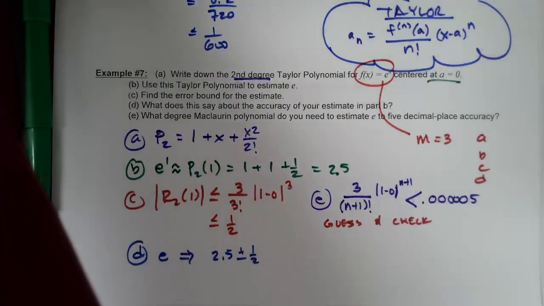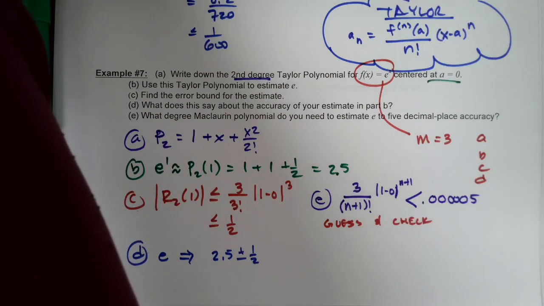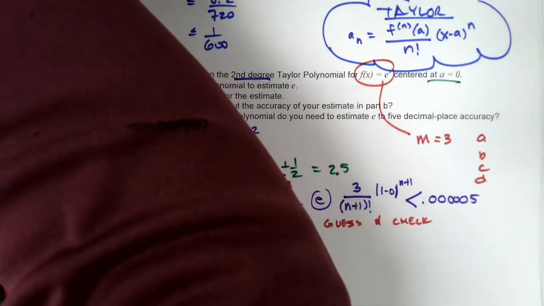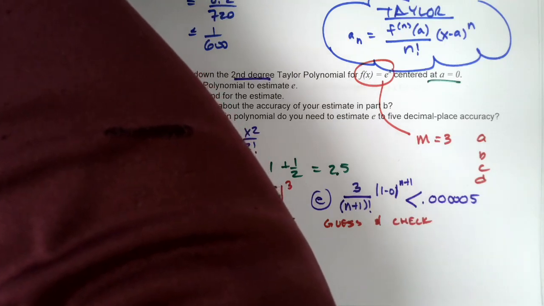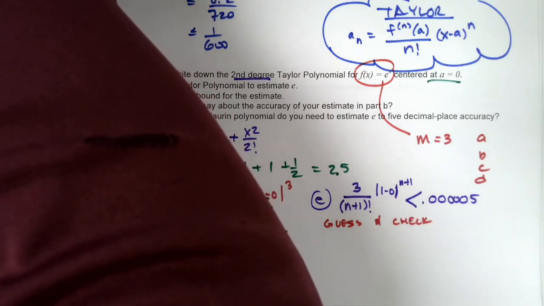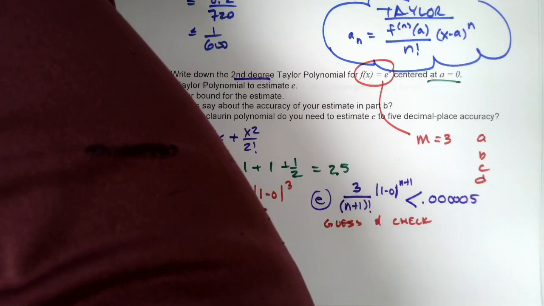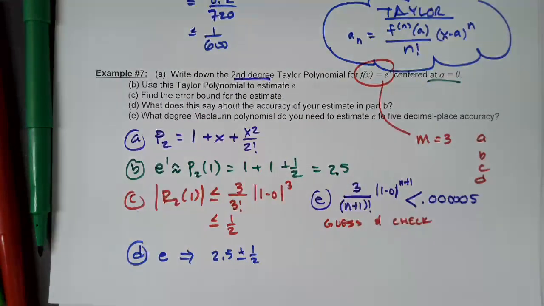So, what's the value of n that you guys want to start with? N equals 3. So we'll put a 3 factorial in here. Oops.